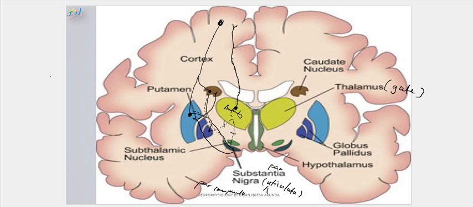So this normally releases dopamine. Dopamine is normally released and interacts with the various receptors that are available in the putamen and the caudate. So these are normally the dopamine 1 receptors, D1. So let's just write D1 receptors.